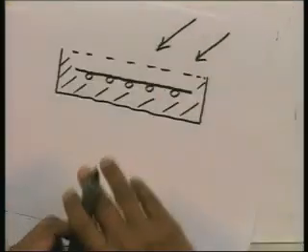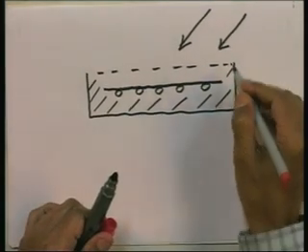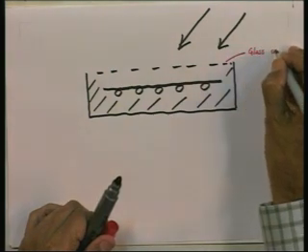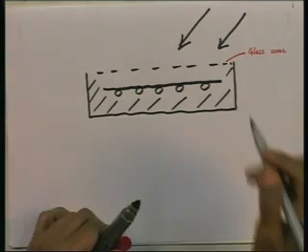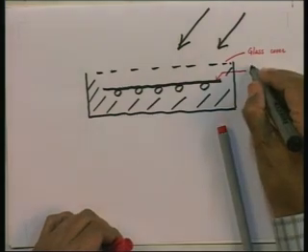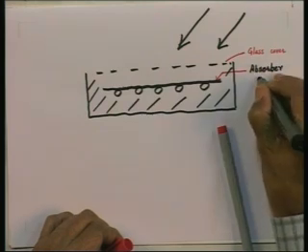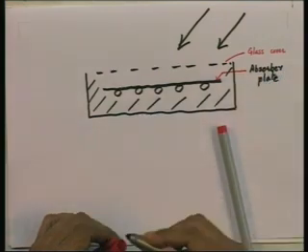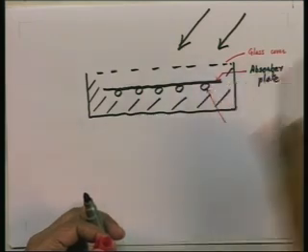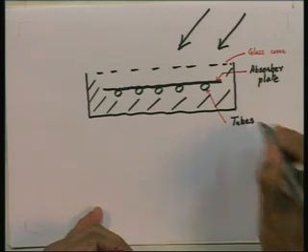The components are: at the top we have the glazing or the glass cover, then the absorber plate which absorbs the heat from the sun, then the flow tubes which are fixed below the absorber plate, through which the water to be heated flows.